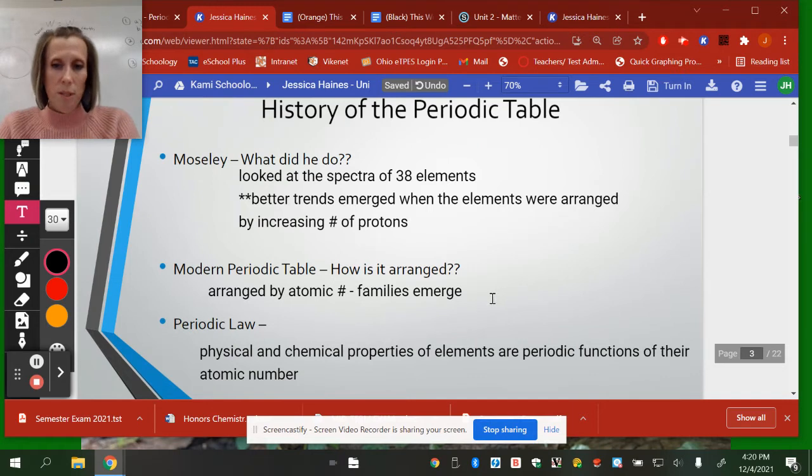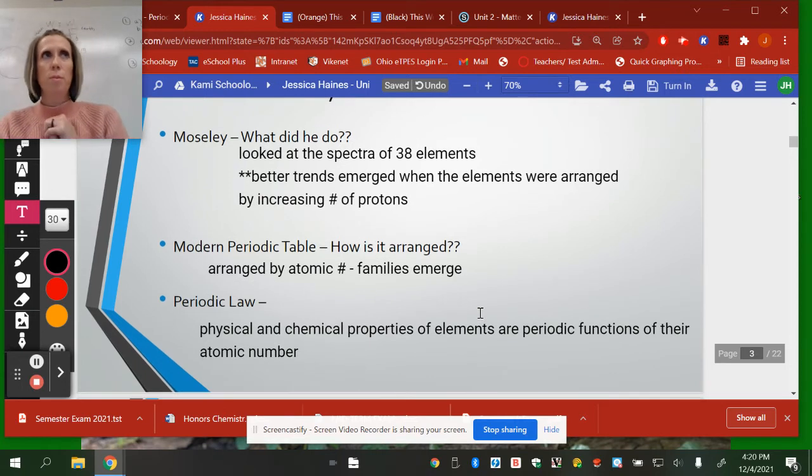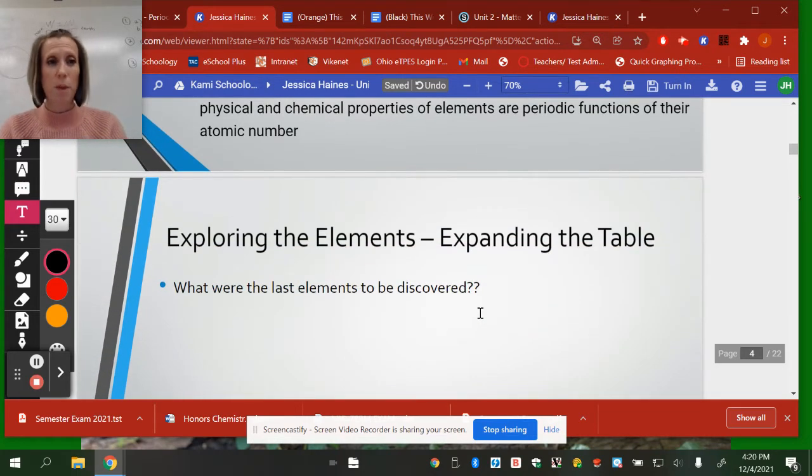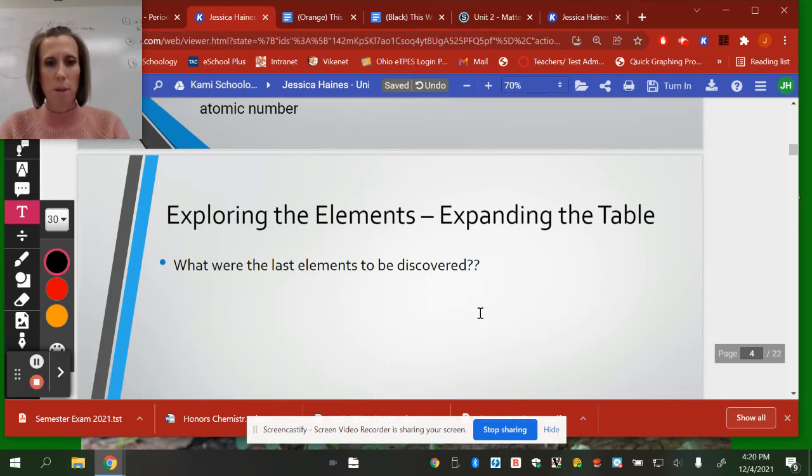So that's just basically solidifying the idea that if you arrange them in increasing atomic number, you will get this beautiful display of physical and chemical property trends on the periodic table. And that's what we're going to talk about today, all of the physical and chemical properties that emerge in the families on the periodic table.